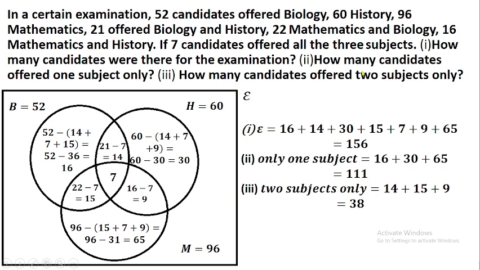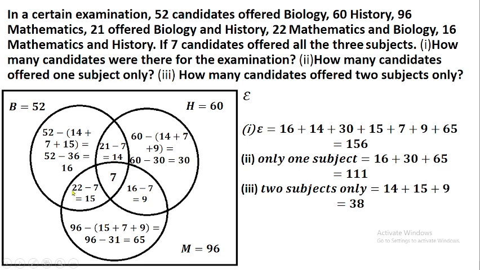Then how many candidates offer two subjects only? People that are here, two subjects only. So we have 15 plus 14 plus 15 plus 9, and that will give us 38. I hope you understand that question. It's quite interesting.